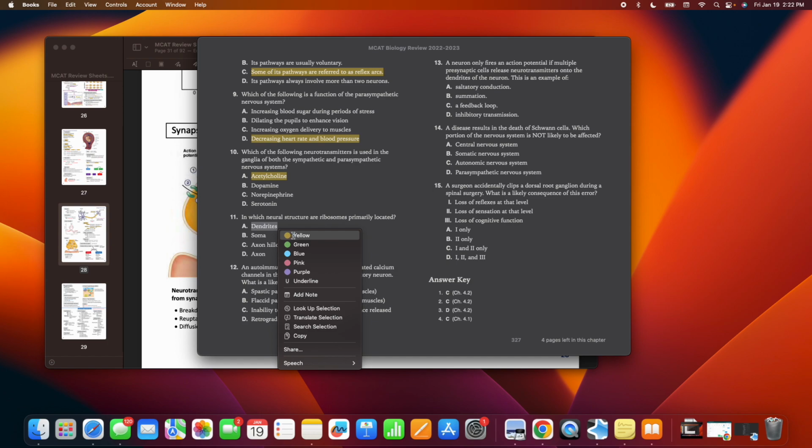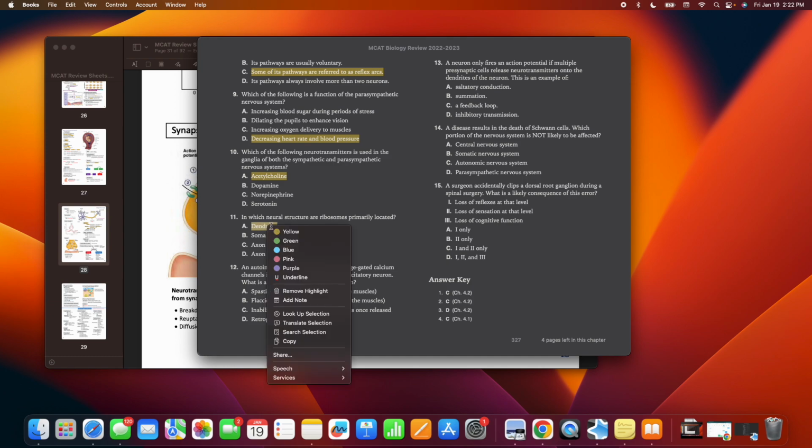So the soma is cytoplasm, and ribosomes are... We know we make the ribosomes in the nucleus, right? And then they are on the endoplasmic reticulum. But dendrites are actually like the stretches. I take my word back. I think it's soma, since the rough ER is also there. So remove highlight, soma.